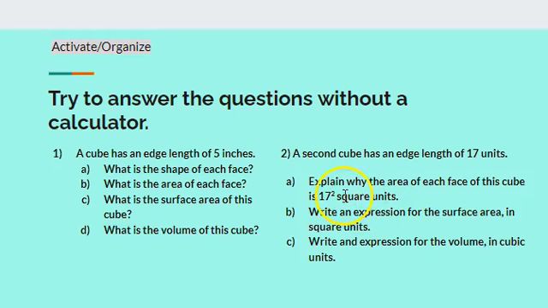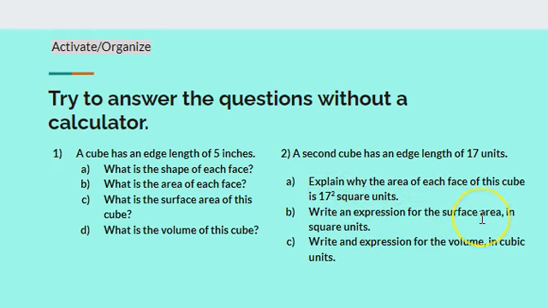Well, I hope you chose that it's because since it's a square, if we know one side being 17, we know that the other side has to be 17. All the sides on a square have to be 17. And 17 times 17 would give us the area, and 17 times 17 is the same as 17 squared.